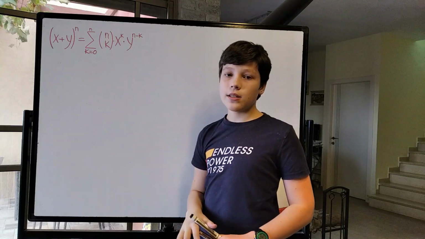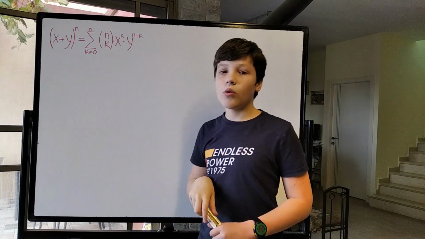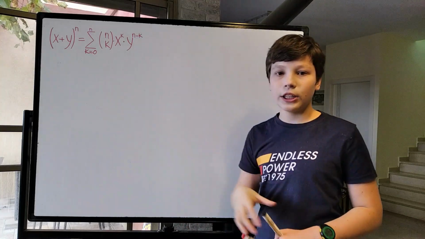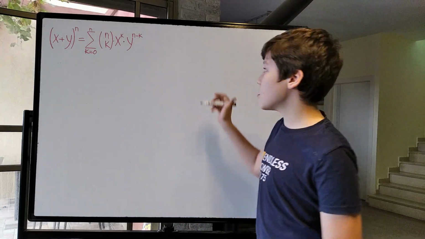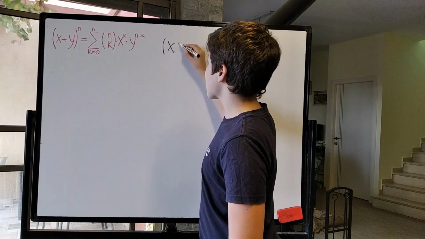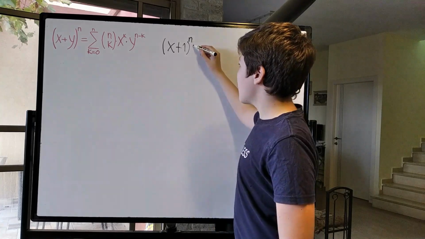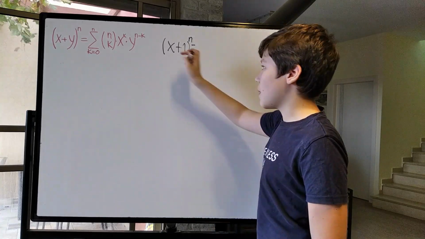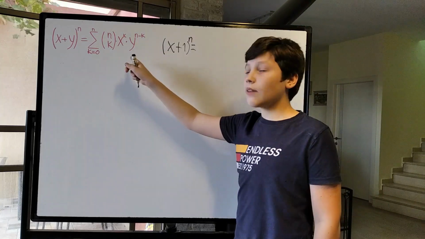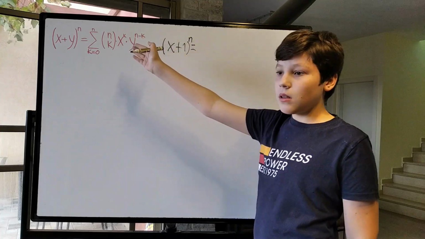So first things first, I will put in here y is equal to 1 because it will make some calculations later on a bit easier. So we will have (x + 1)^n is equal to, now putting in y is equal to 1, we'll have 1 to some power n minus k.